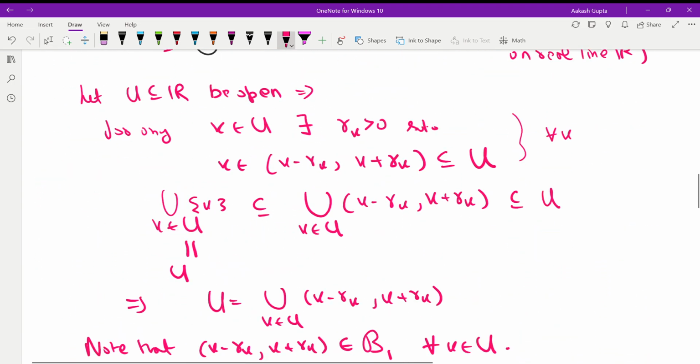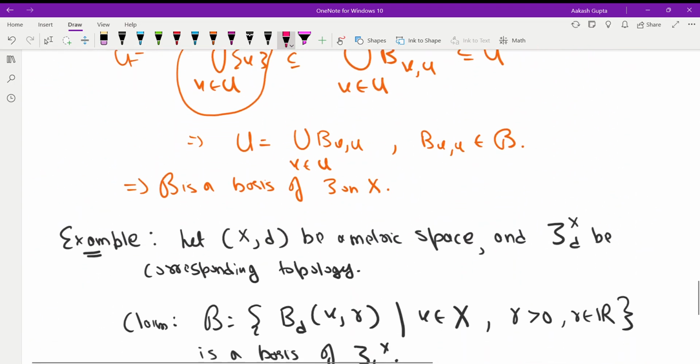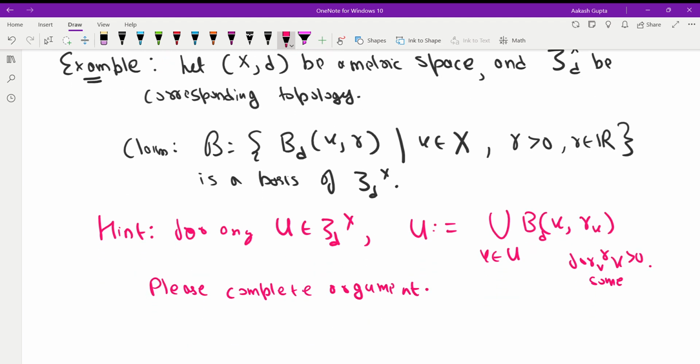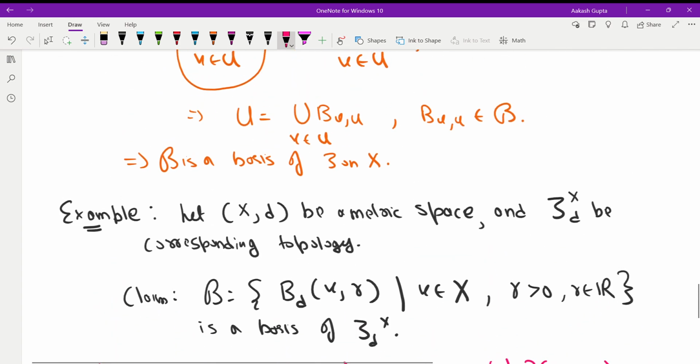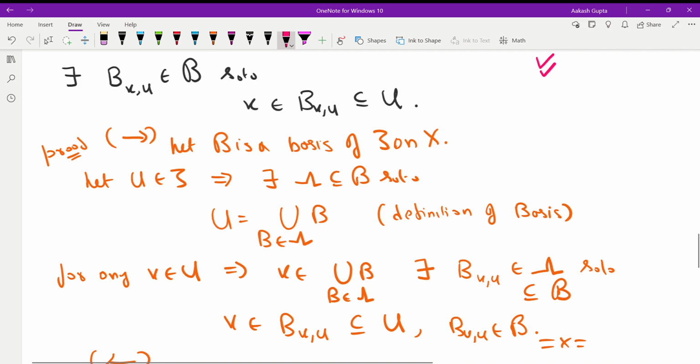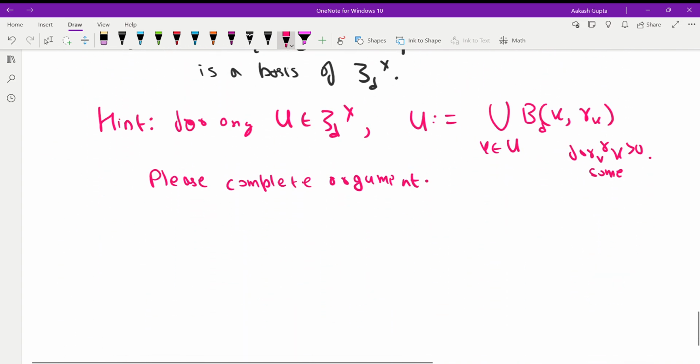Okay. So this is the hint. Basically, I haven't just given you a hint, I have written indirectly everything. What I want you guys to do is to properly write the arguments. That is very important. I have done it for you in the above examples. That's how you have to properly write the arguments.